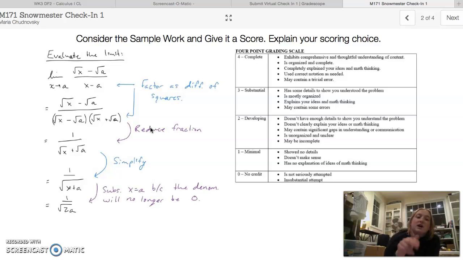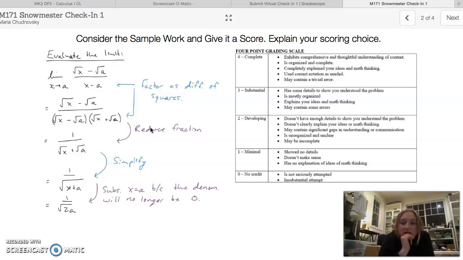So then it looks like they got 1 over square root of 2a after they subbed in x equals a. But I don't think that's right. I think it should be 1 over 2 square root of a, because if you plug in the a for the square root of x, you get square root of a plus square root of a, so 2 square root of a. And I think that would be the limit right there.